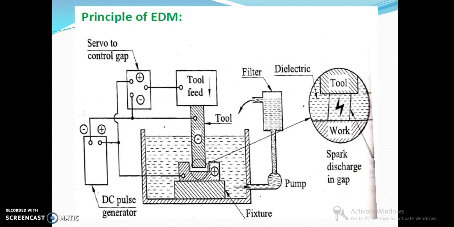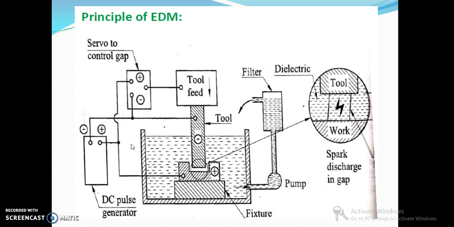The distance provided between the tool and the workpiece is known as the spark gap, and it is filled with dielectric fluid. This is the modified view of the tool and workpiece gap, the spark discharge gap of the EDM process.